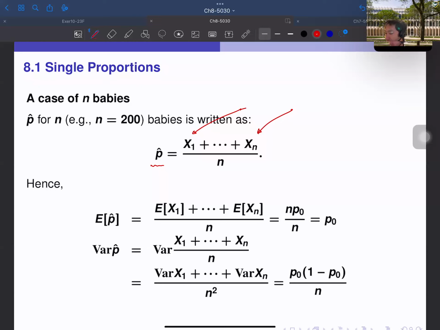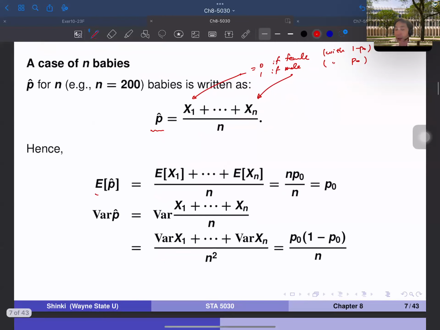Here, n is the sample size, and each xi is equal to 0 if female and 1 if male. So we can calculate p hat as this. And here, 0 is with probability 1 minus p naught and 1 with probability p naught.